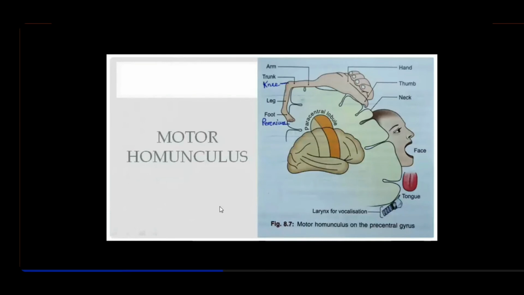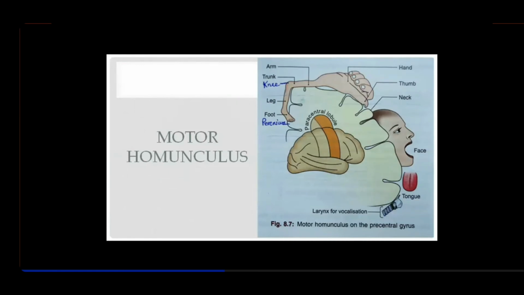Yes, so the motor homunculus, that was left, like this is the precentral gyrus. Precentral gyrus is area number 4, which is the primary motor center, and from here there is initiation of impulses down to the skeletal muscles of the opposite side and the ipsilateral muscles of the axial skeleton.